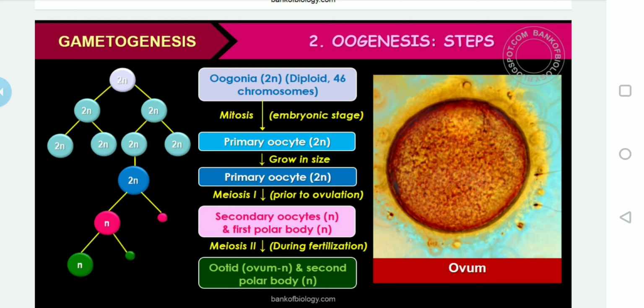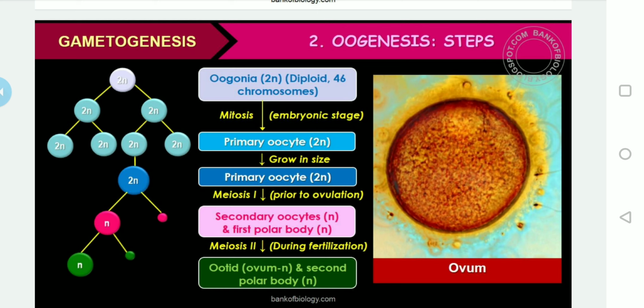Let me tell you briefly. The multiplication phase is during fetal development, when some of the diploid germinal epithelial cells divide repeatedly by mitosis, producing a large number of oogonial cells or egg mother cells.